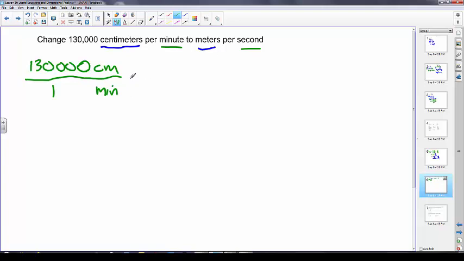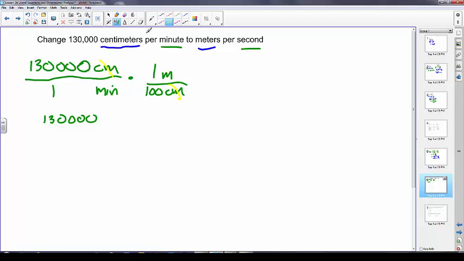So I know there are 100 centimeters in 1 meter. If I want those units to reduce, there's 100 centimeters, because those will reduce with these centimeters, in 1 meter. Notice what this is going to get me. I'll multiply and divide. I have a total of 130,000 meters, because these units are going to reduce out again.